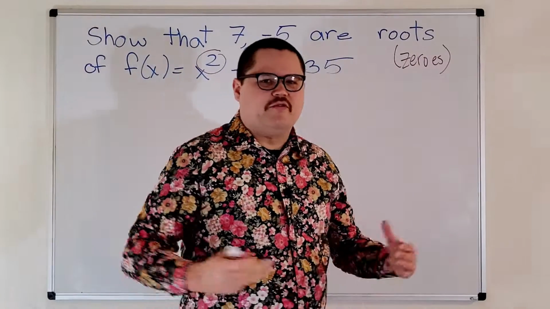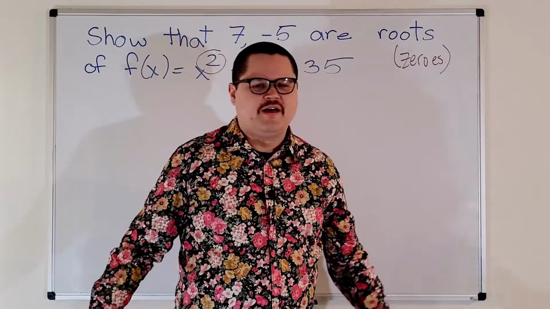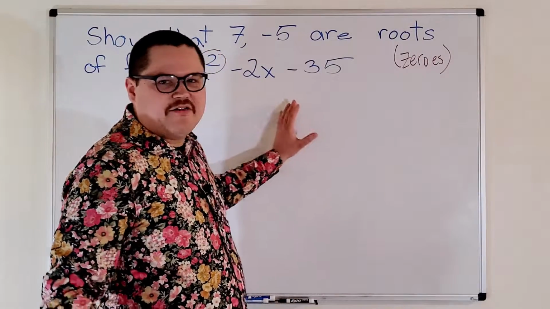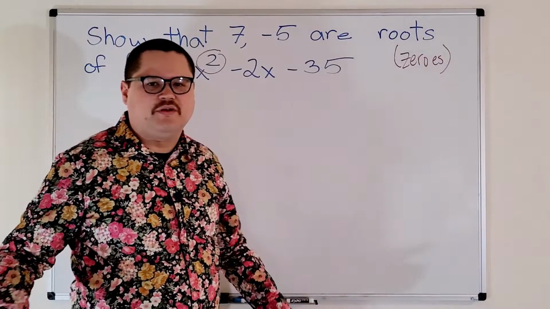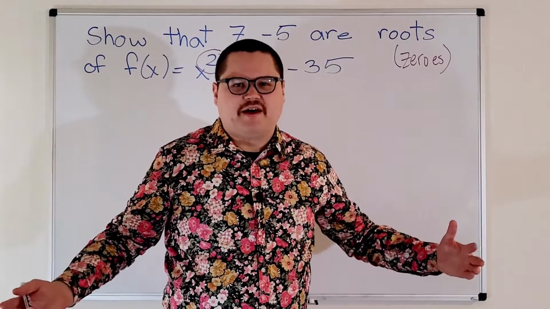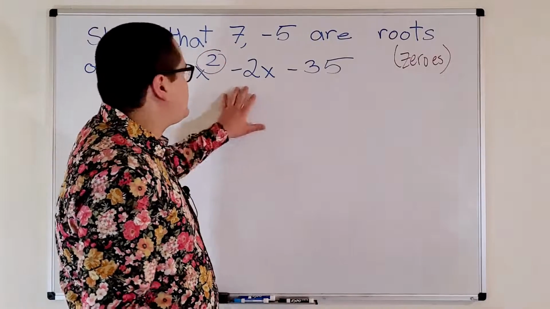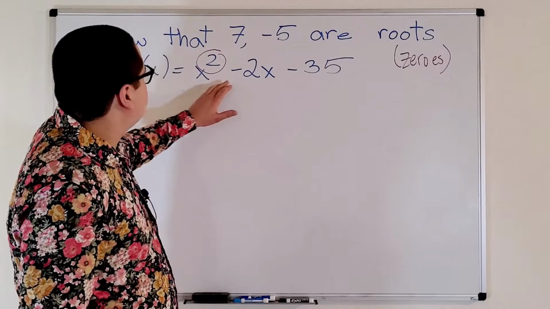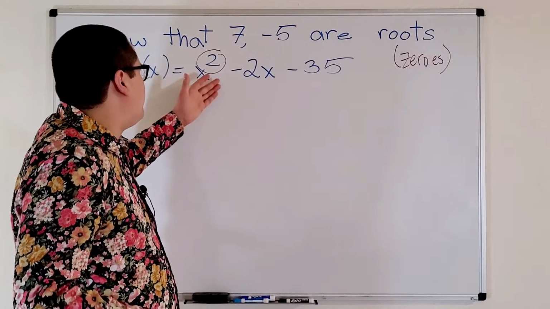So what is a root or a zero? Well, that's just a value of x such that if you plug that value in for x, you get 0 for f of x.